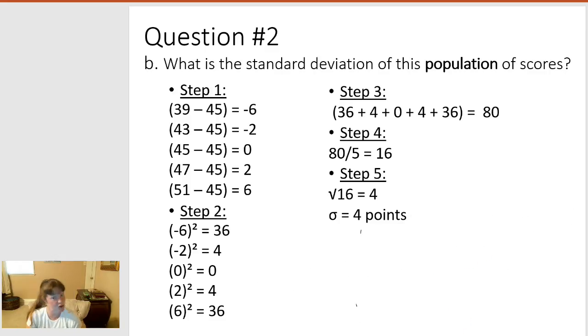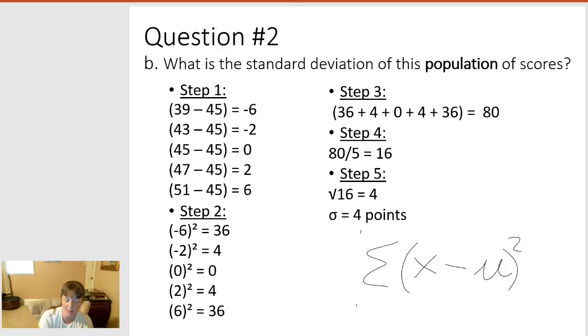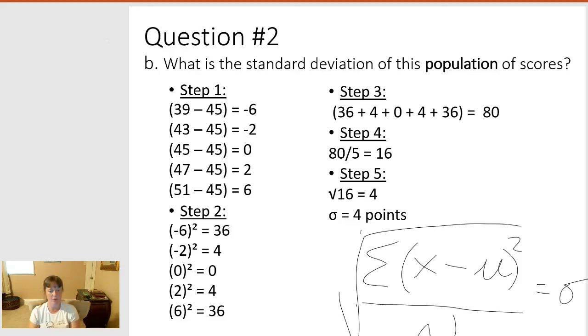So that is to refresh your memory on how to get a standard deviation: take each score, subtract the average, square those deviation scores, add them up, divide by n, take the square root.